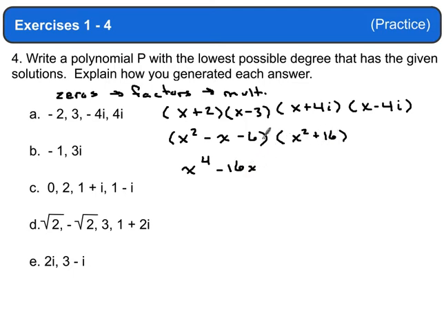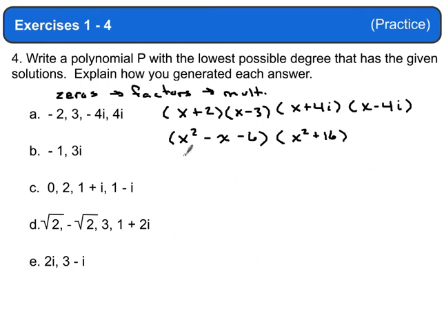Well, actually, I'm ahead of myself. x squared times -6, -6x squared. 16 times x squared is 16x squared. I think I got confused. So let's actually back this up and multiply this over again.